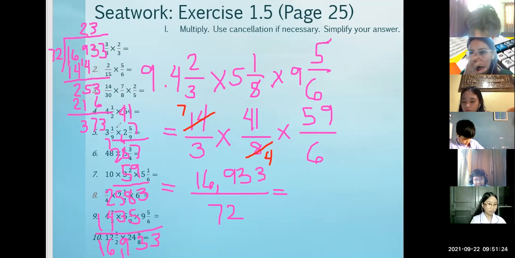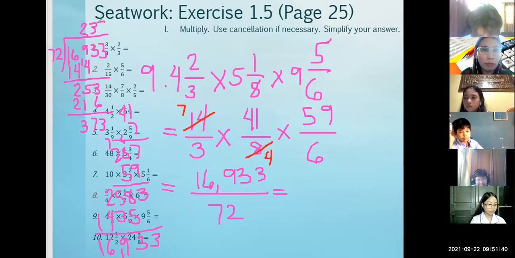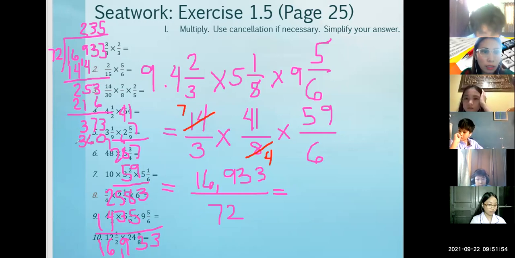Nasusundan nyo, class? Nasusundan? Divide lang natin ha, manually. Manually tayo magde-divide. So, 373 divided by 72, 35, 5. 5 times 2, 10. 5 times 7, it's 35 plus 1, 36. 3, 13.